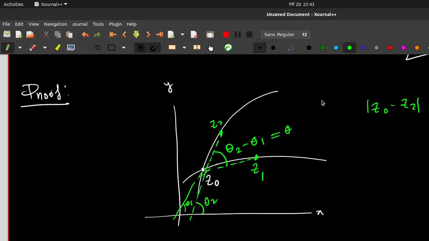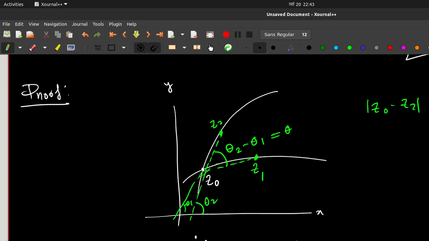Now we can do a polar representation of these distances. We can write z1 minus z naught equals r e to the power i theta 1, and similarly z2 minus z naught equals r e to the power i theta 2.